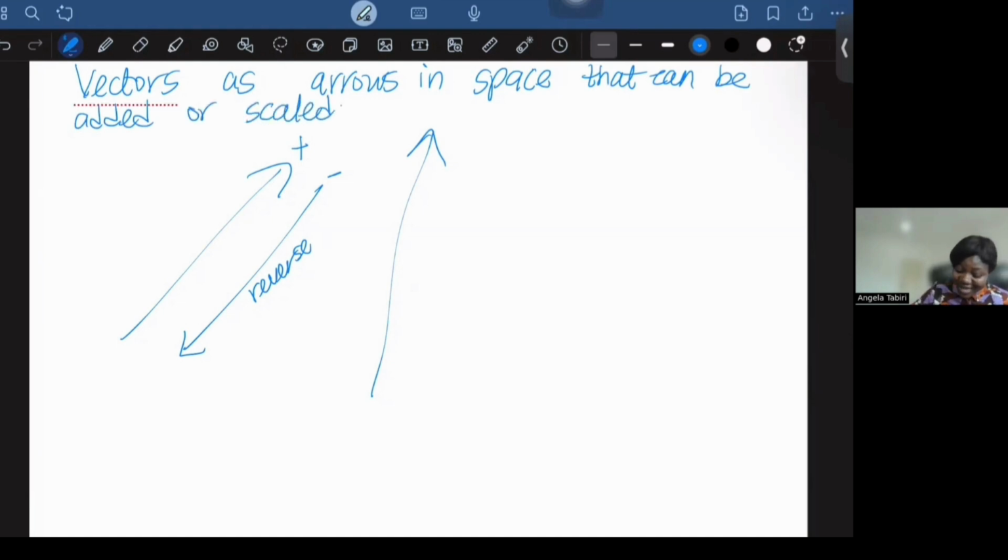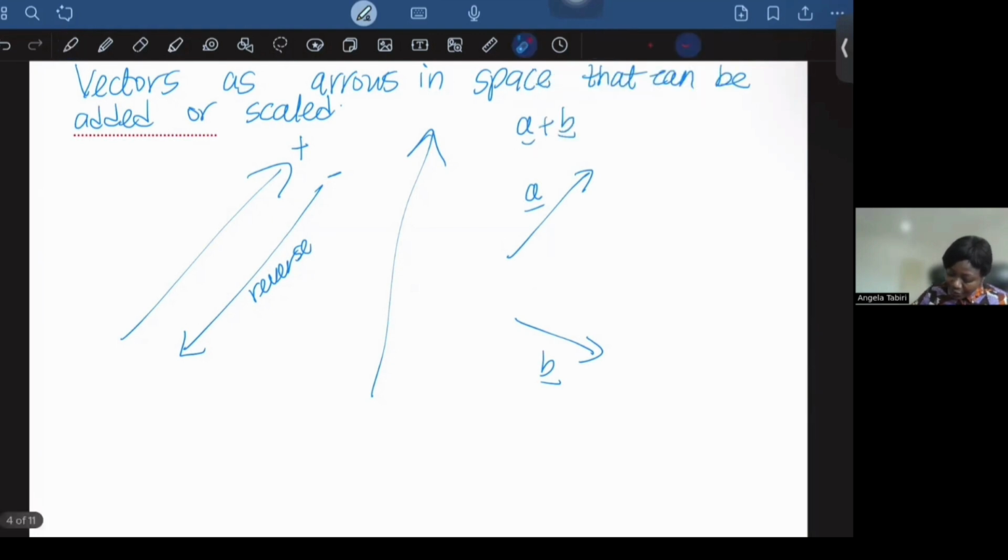If you want to add two arrows, like we saw in our previous motivation, if you want to add this arrow to that arrow, so if we call this arrow A, this arrow B, you want to find A plus B, you start with your original arrow and you want to add B to it. So wherever A ends, that's where B starts. So you move this arrow parallel here. So this gets to B, and this starting from here to here just gives us the vector A plus B.